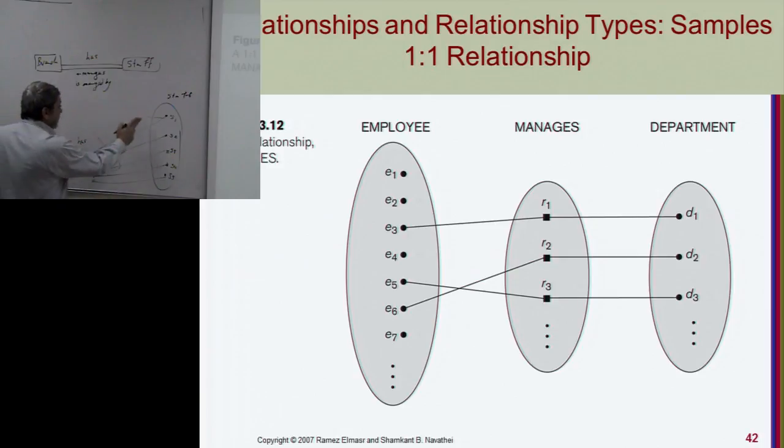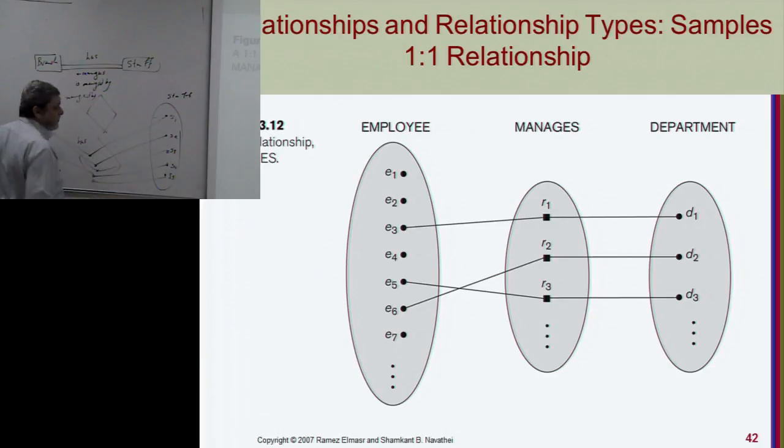Now can I relate the branch to the staff who manage this branch? Yes, let me have another relationship called manage, or managed by, because if you're moving this way, managed by, let me call it this way. So now we take B1.